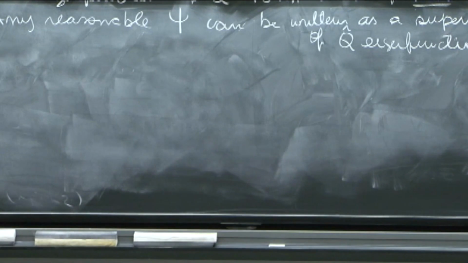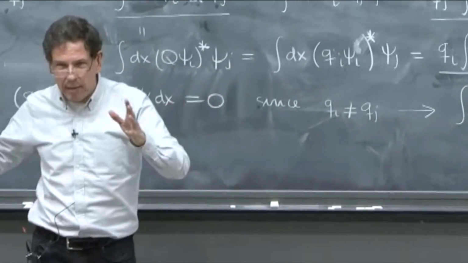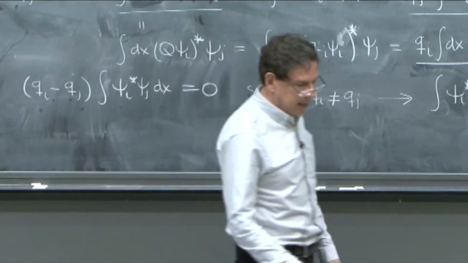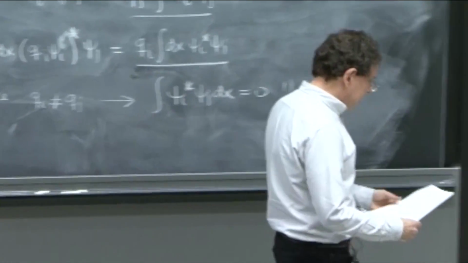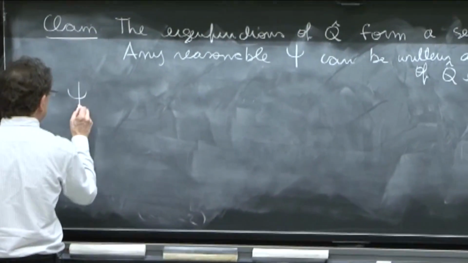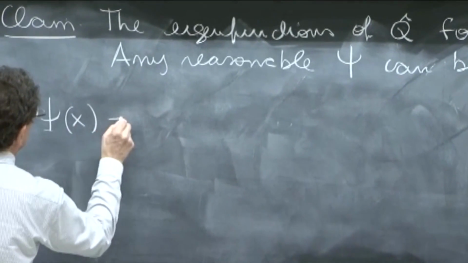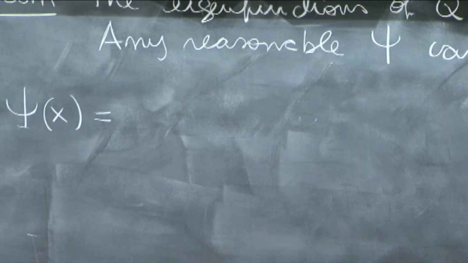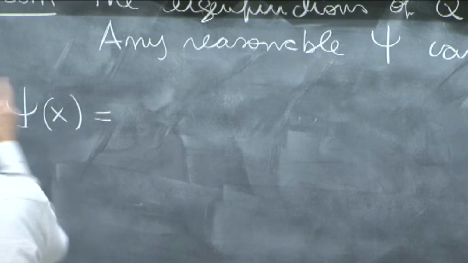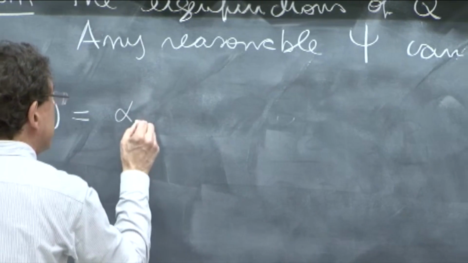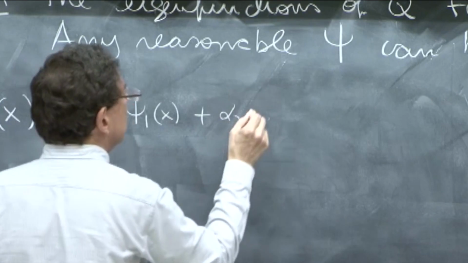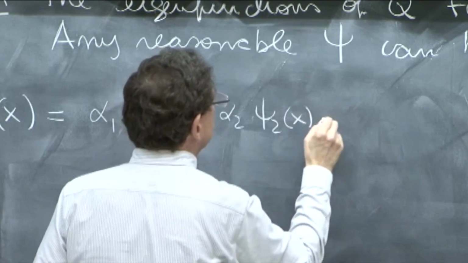Okay, so let's just make sense of this, and write it out mathematically. The statement is that any psi of x, this physical state, can be written as a superposition of all these eigenfunctions. So there are numbers, alpha 1 psi 1 of x plus alpha 2 psi 2 of x.